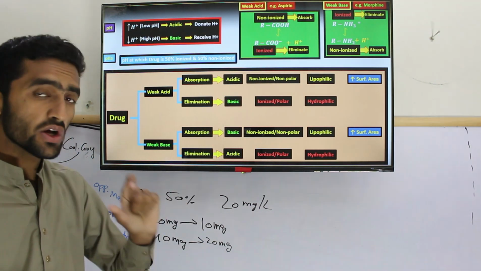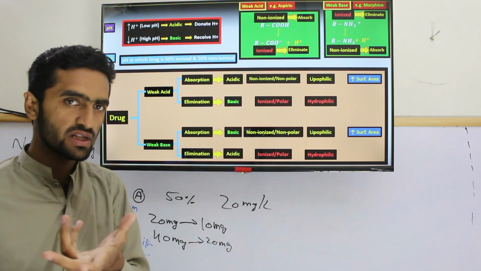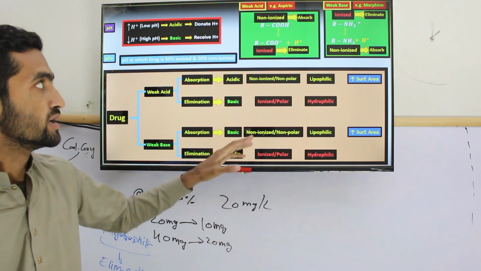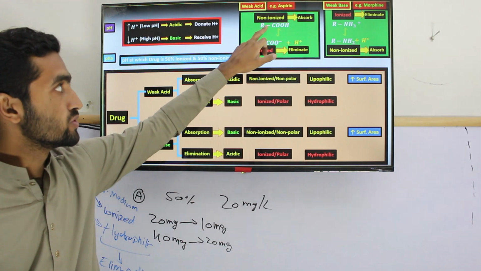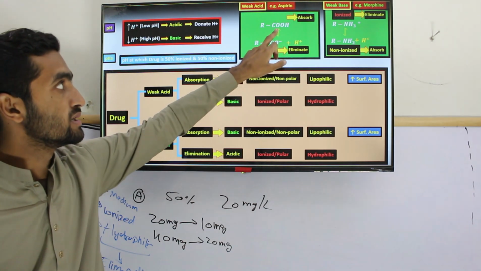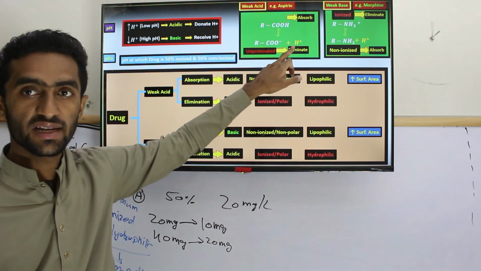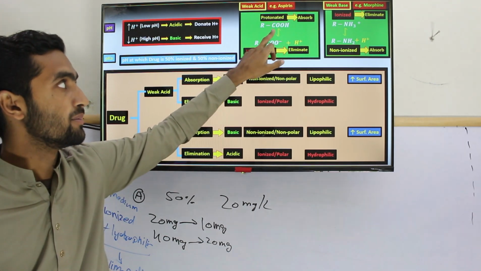Now, another term which is used, mostly when you see it in MCQs, is the protonated form: protonated, unprotonated. If you look here, the non-ionized form is the one where the hydrogen ion is removed, while in the acidic medium, this is the protonated form.